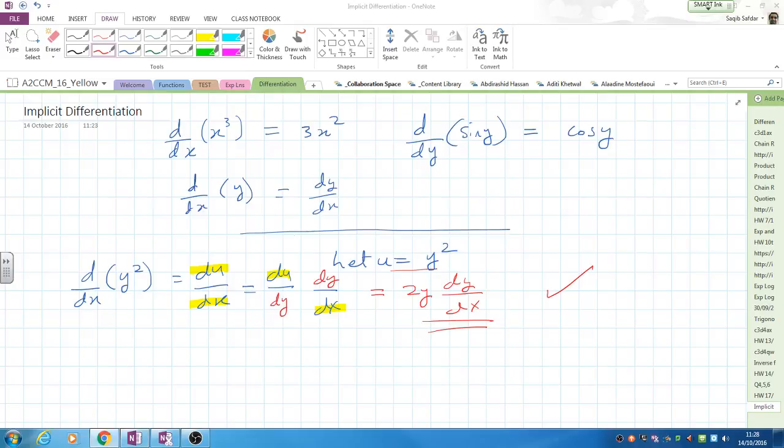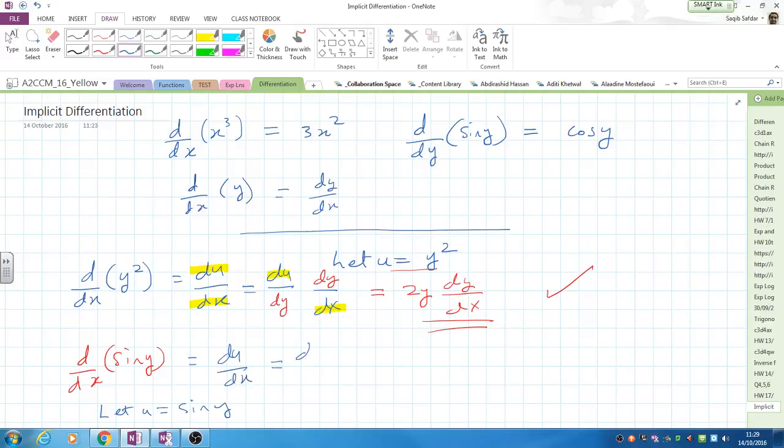Let's look at another example before we generalize some sort of rule. Say we had to differentiate, again with respect to x, the sine of y. Again, if we let u equal sine y, then what we're really asking is work out du over dx.